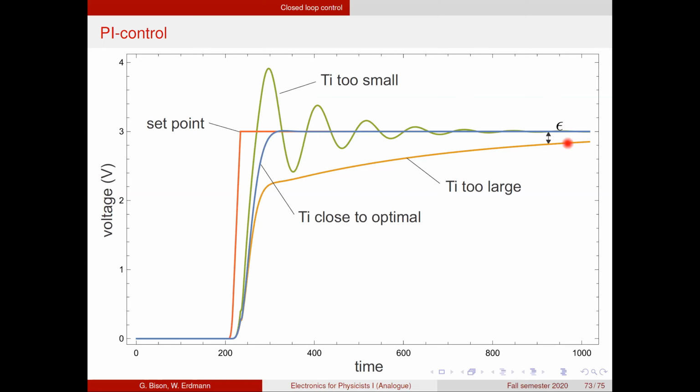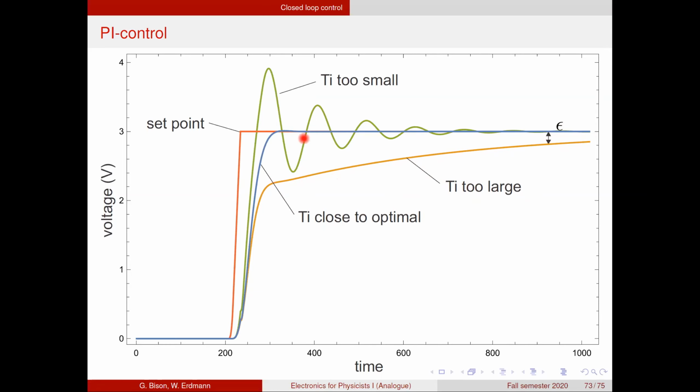And so the part that is added to the proportional situation, where we would stay at this level here, also becomes with time smaller and smaller, and we exponentially approach the set point. Okay, but of course, this is still not ideal behavior since it takes a long time here to approach this set point. So this integration time is too large.